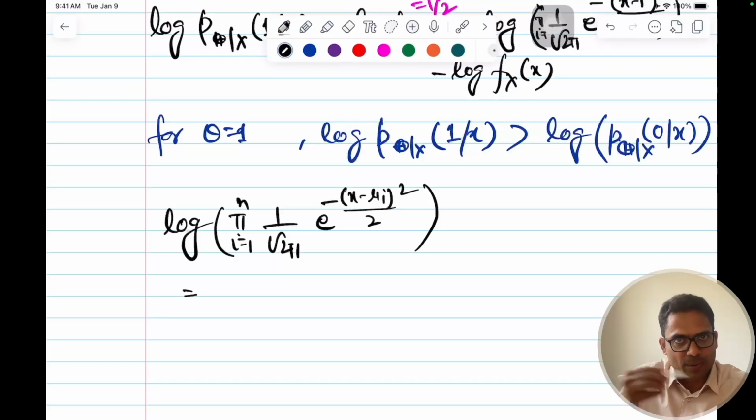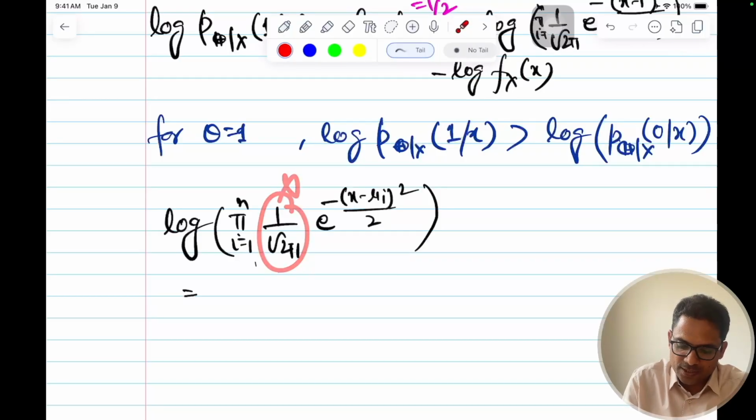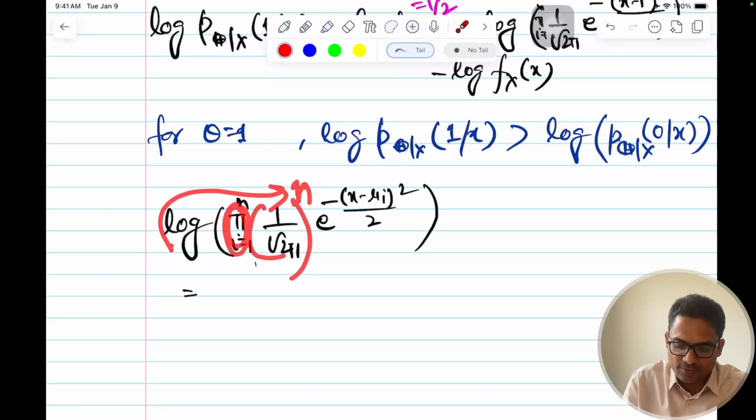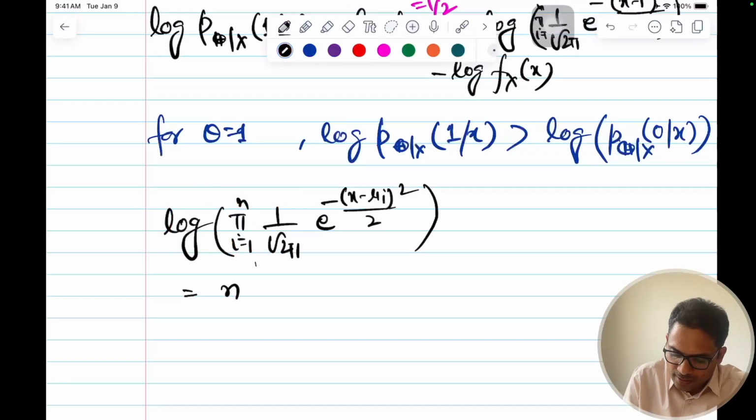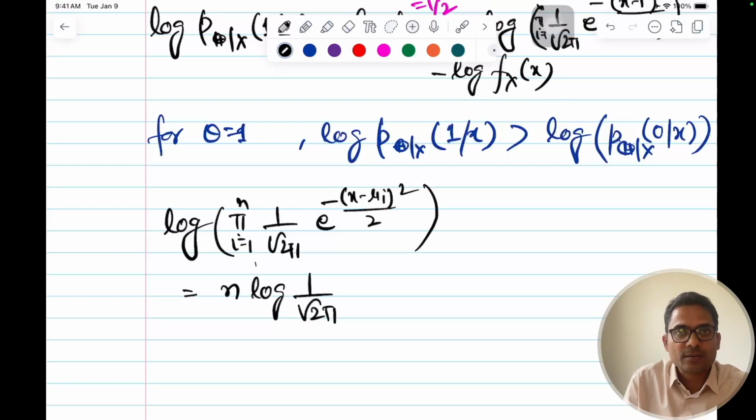This thing multiplied n times will become power n, and I take log of this after doing the product. So n will come in front: n log 1 by root 2 pi, the first term.